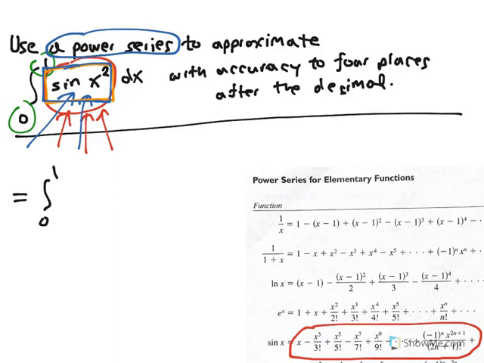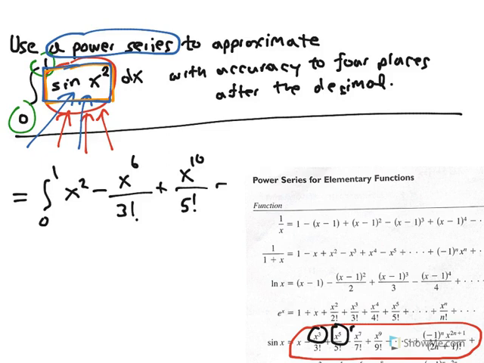So for the first term we'll have x squared, and for the second term we'll have minus x squared to the third, which would be x to the sixth over 3 factorial, plus x squared to the fifth, which will be x to the 10th over 5 factorial, minus x squared to the 7th, which will be x to the 14th over 7 factorial. And of course, there are infinitely many terms. I can't write all of them, so I'll just write the ellipsis, showing that it continues.